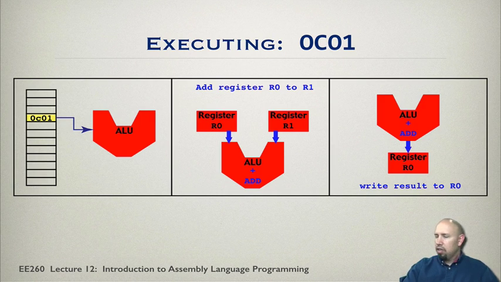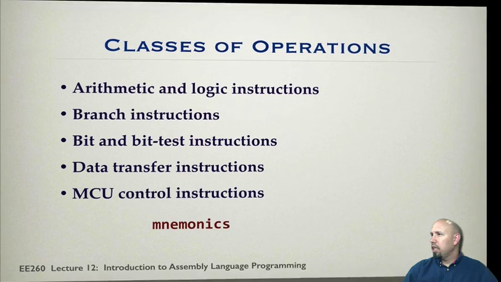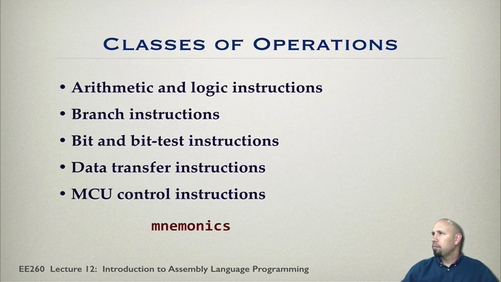So this goes into register 0, and then our next instruction comes along. We may then put register 0 somewhere else, or whatever the next instruction is. Okay, so that's the flow for how an assembly code goes.